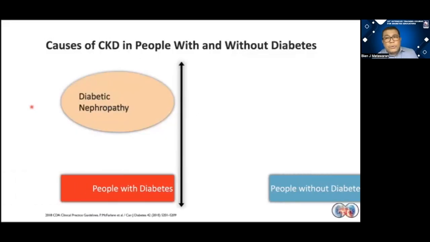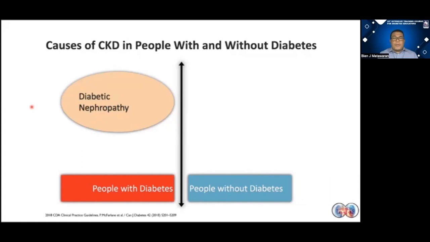So we now use the term diabetic kidney disease in patients suffering from CKD in the presence of diabetes. But we now reserve the term diabetic nephropathy for a histopathologically confirmed diagnosis of diabetic kidney disease. So that's diabetic nephropathy.